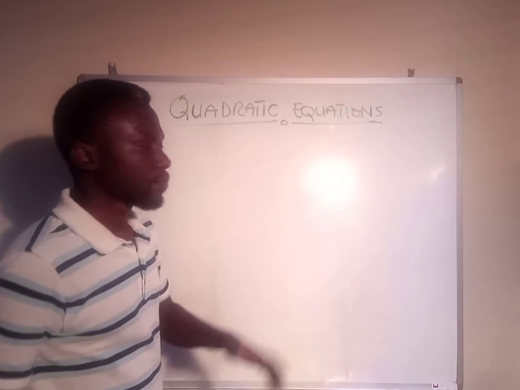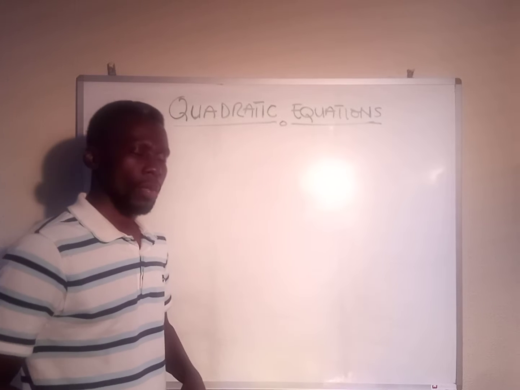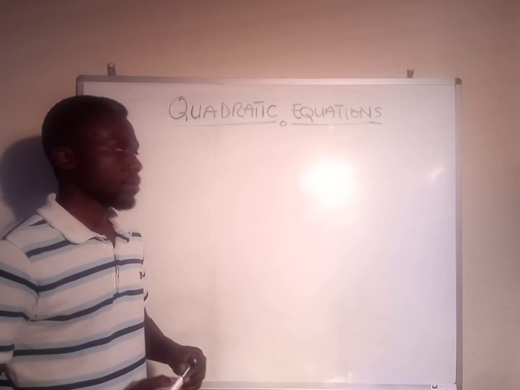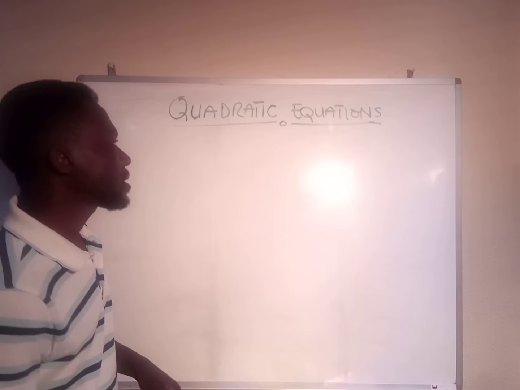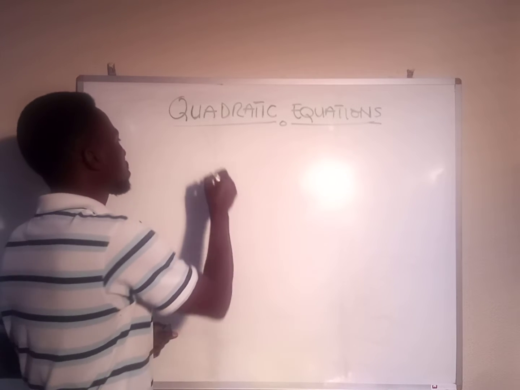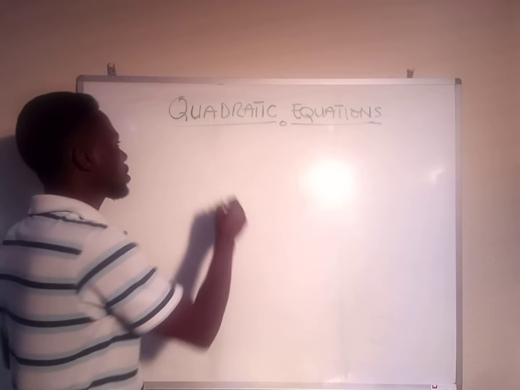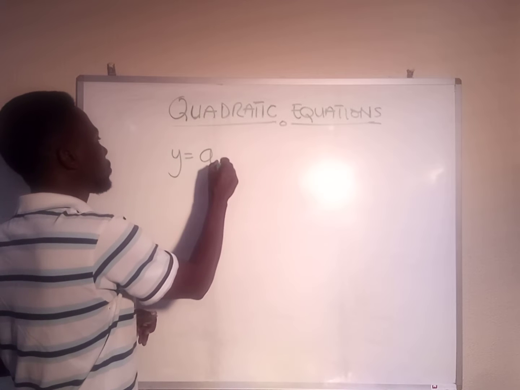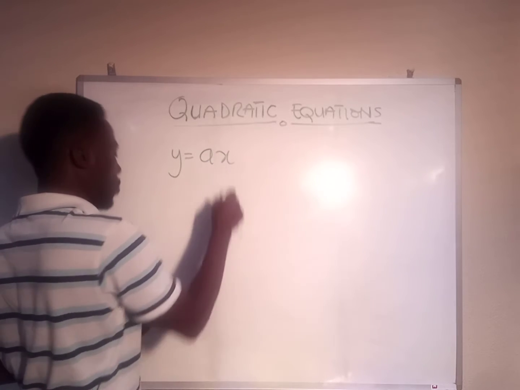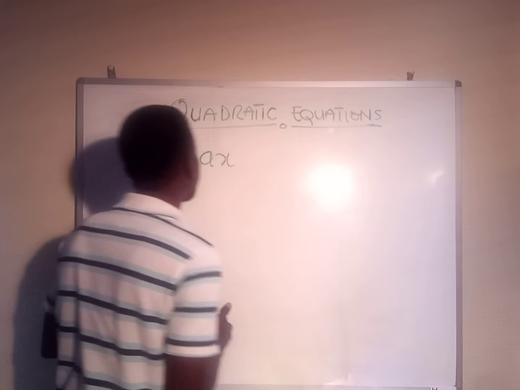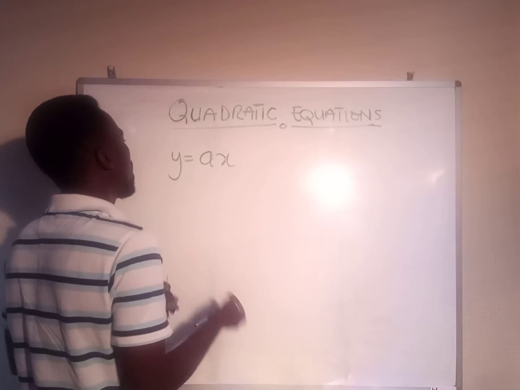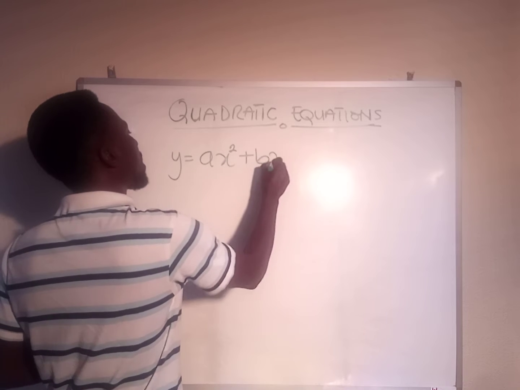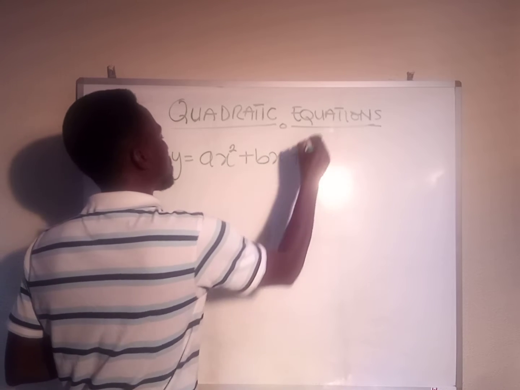So we have quadratic equations. Now, what is a quadratic equation? A quadratic equation is any equation of the form y equals ax squared plus bx plus c.